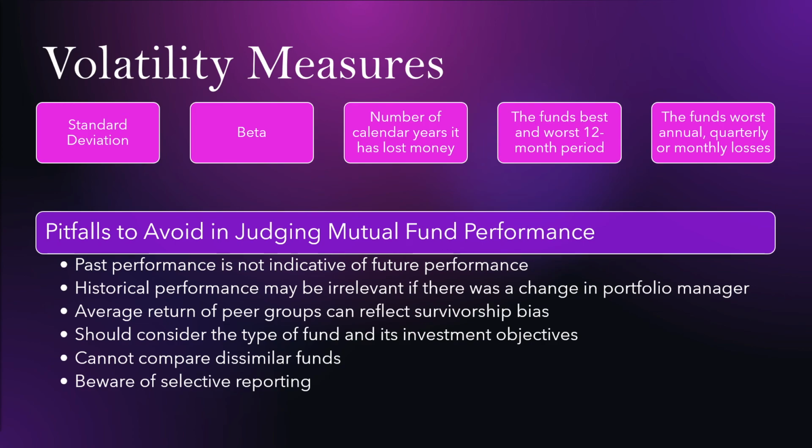That is selective reporting because they are picking the time period where, if you invest at the bottom of the market, it would have increased the most from that recovery from the COVID pandemic. So those are just some pitfalls to avoid in judging mutual fund performance.